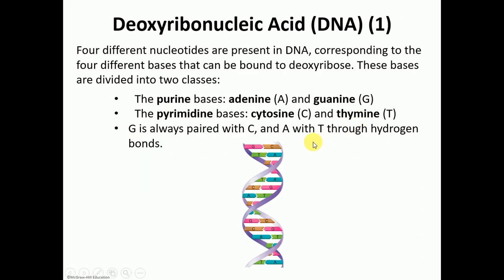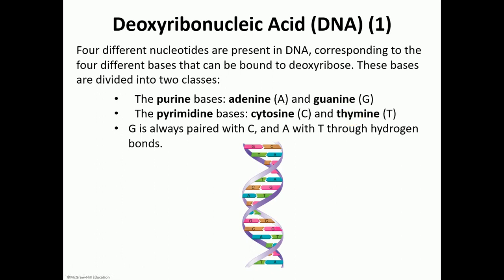You can see here DNA, again, forms our genes. And DNA is usually double-stranded, so there are two different strands, and they connect together through these little bases here through hydrogen bonds. Now, these bases can either be purines, and the purines we have are adenine and guanine, or they can be pyrimidine bases, which are cytosine and thymine.